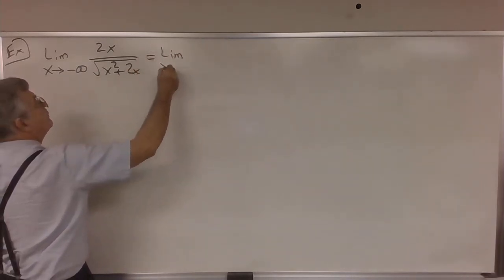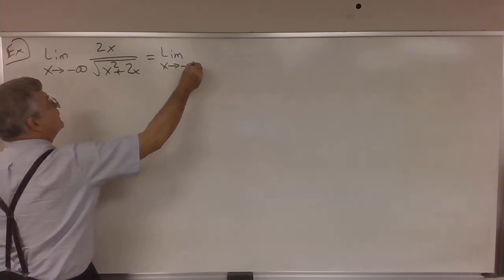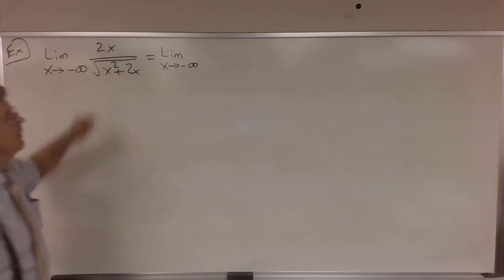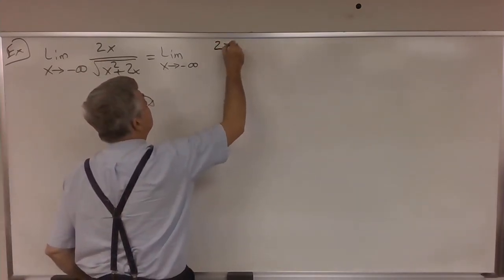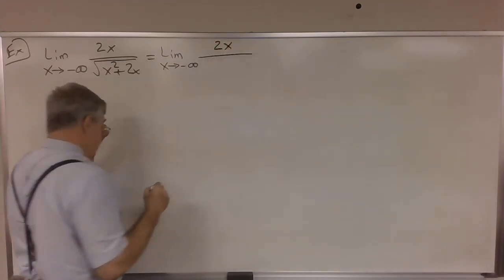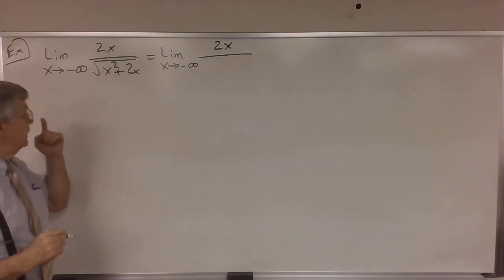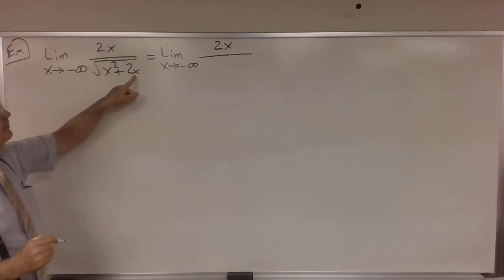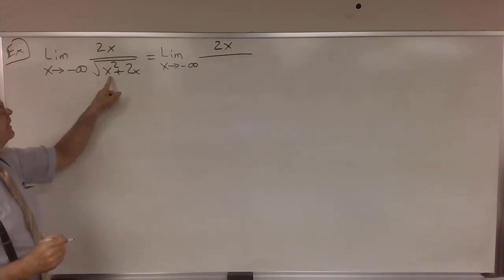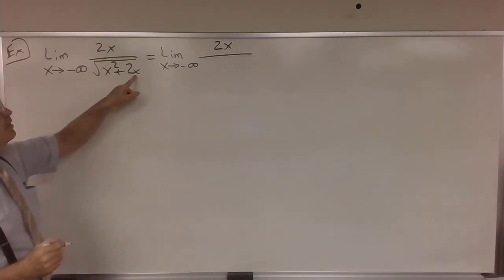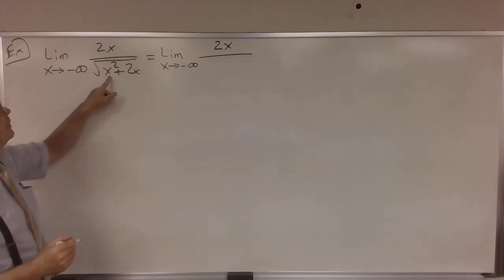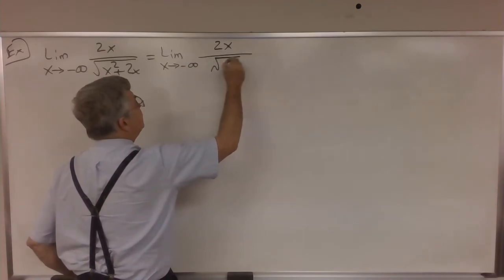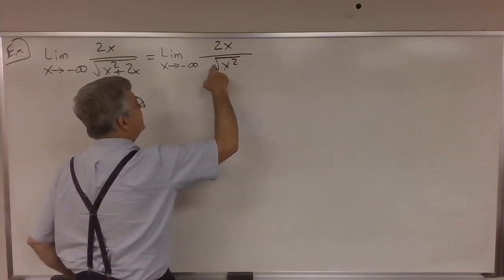Limit as x approaches negative infinity. Well, there's only one term in the numerator, so I guess this is the term that we keep. And in the denominator, as x approaches negative infinity, 2x is insignificant compared to x squared. So we throw the term of lower degree away, we keep the term of highest degree, and we have left square root of x squared in the denominator.